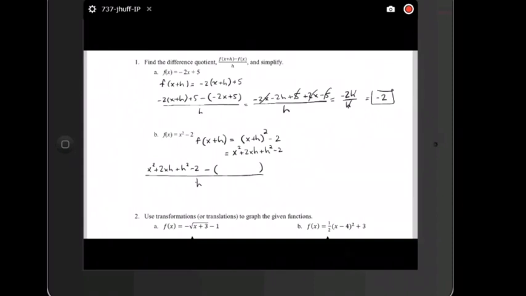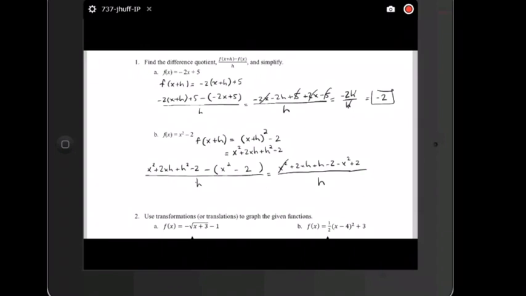So we're going to subtract x squared minus 2. So we have x squared plus 2xh plus h squared minus 2, and then when you distribute there, we're going to have minus x squared plus 2.